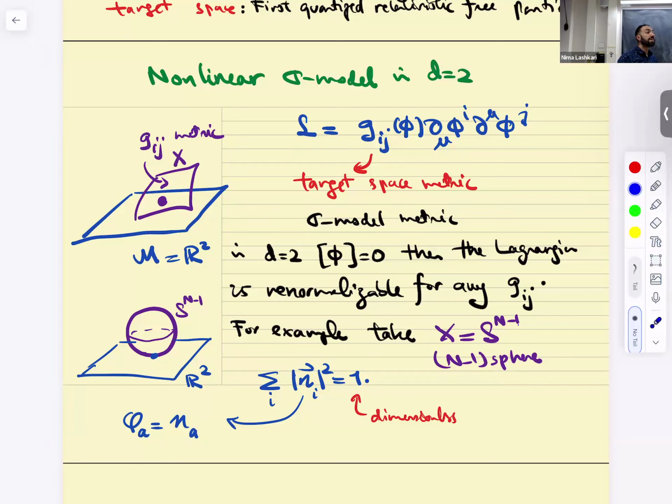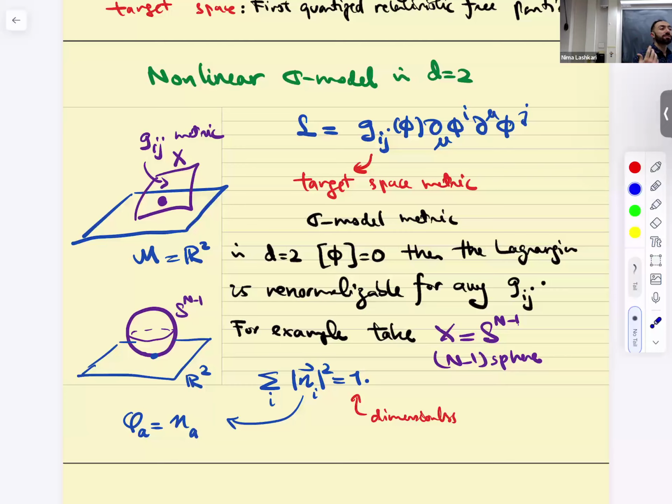To write down the action for this theory, remember that when I want to put in the symmetries of the internal direction, I have to put them in by hand. Previously, I was just writing del mu phi a, del mu phi a, to implement O(N) symmetry. Here, I'm going to do the same thing, but I'm going to input a coupling from the point of view of the world sheet, a metric from the point of view of the nonlinear sigma model.